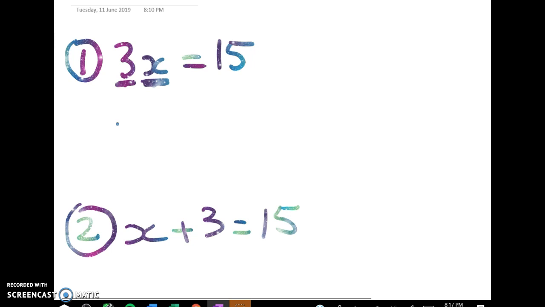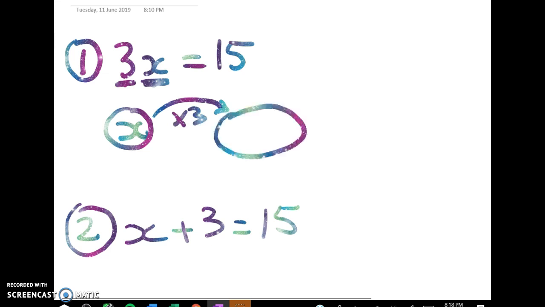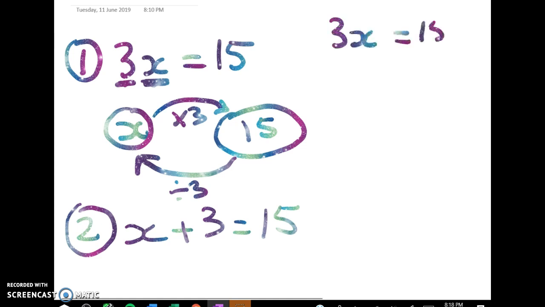So we had a number, x, and we multiplied it by 3, and we got 15. So to undo this one, we have to work backwards and divide by 3. So we get 3x is equal to 15 is my first line, and then I've got 3x divided by 3 is equal to 15 divided by 3.